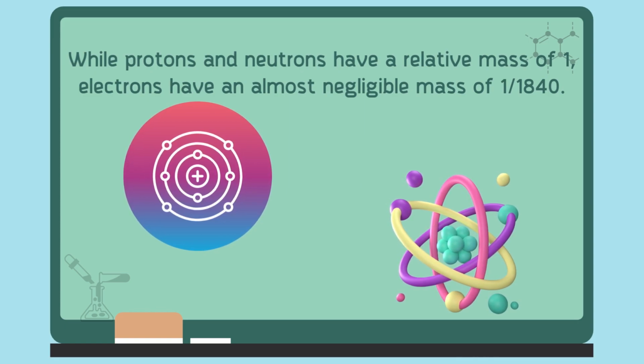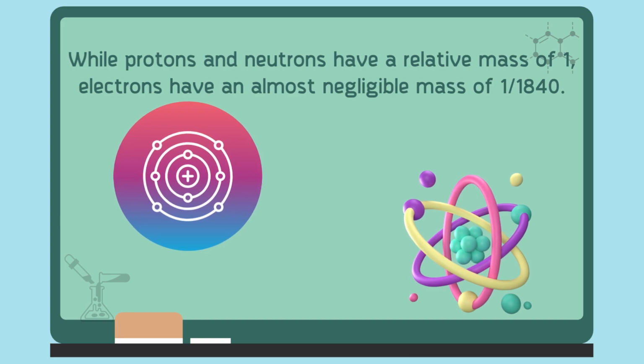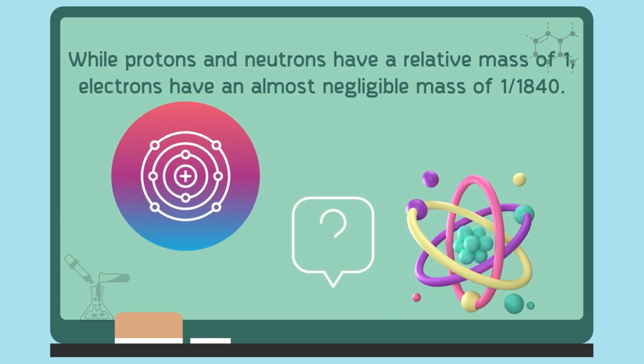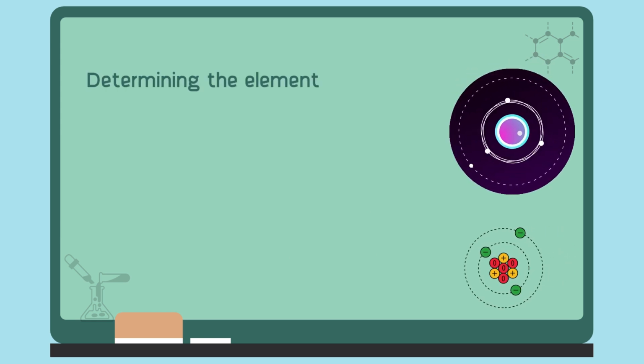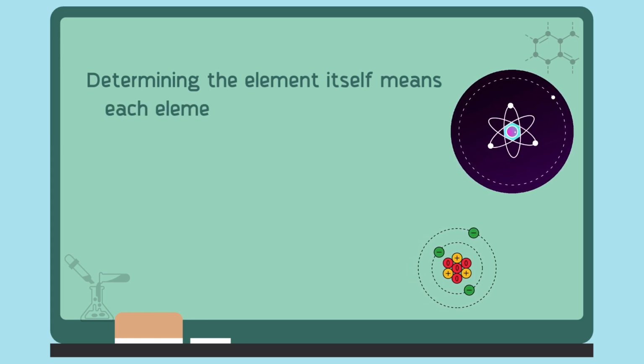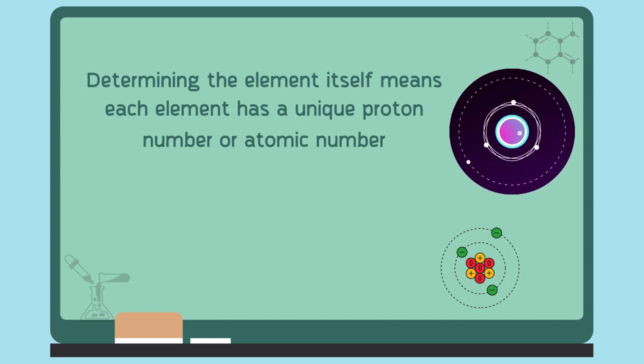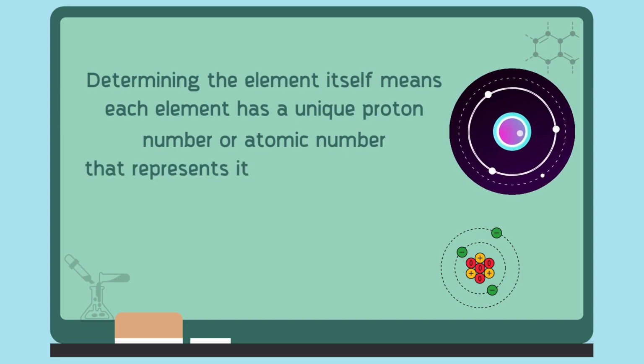Protons determine the atomic number as well as the element itself. What does that mean? Determining the element itself means, as discussed earlier, each element has a unique proton number or atomic number that represents it in the periodic table.